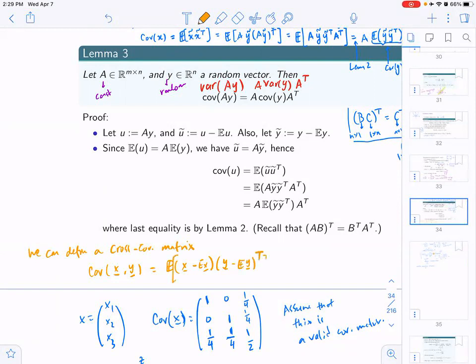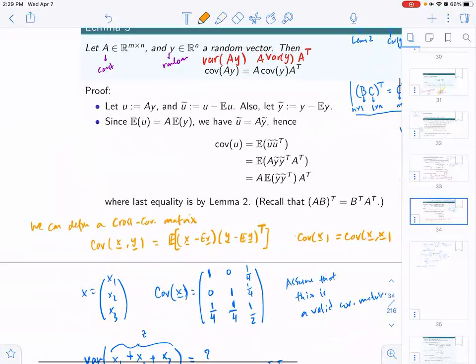This is a more general operator. The covariance matrix that we defined was in fact cov x equals cov xx. And this would be the general form.